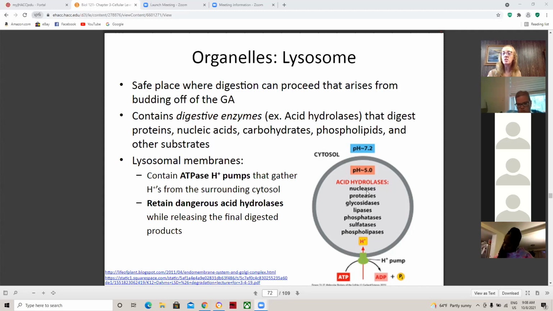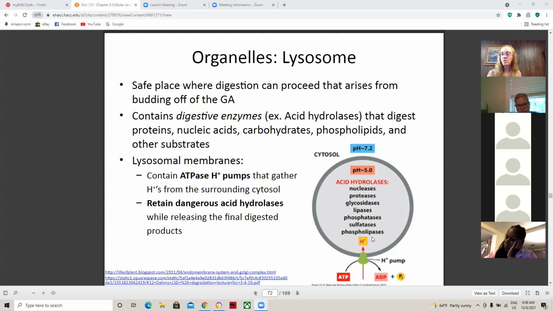A nuclease breaks down nucleic acids. A protease breaks down proteins. A glycosylase breaks down carbohydrates. Lipases break down lipids. Phosphatases break down phosphorylated proteins. Sulfatases break down things with sulfhydryl groups attached to them.